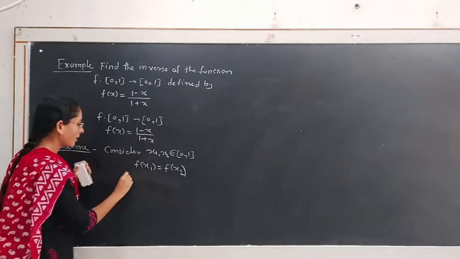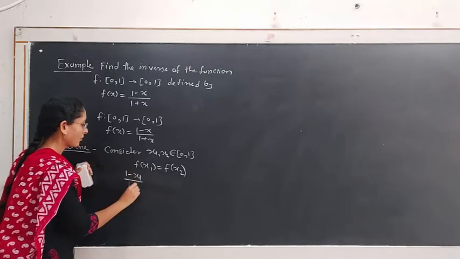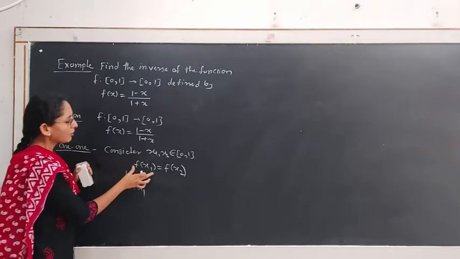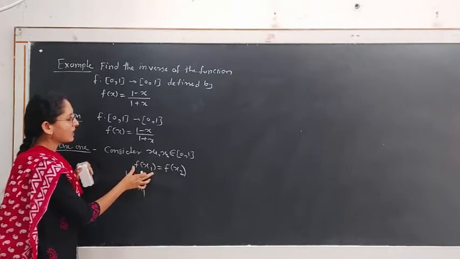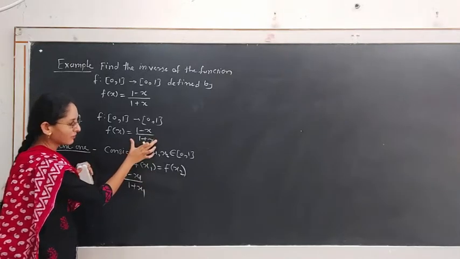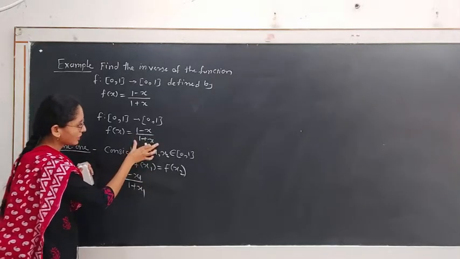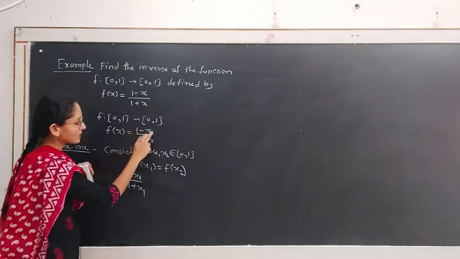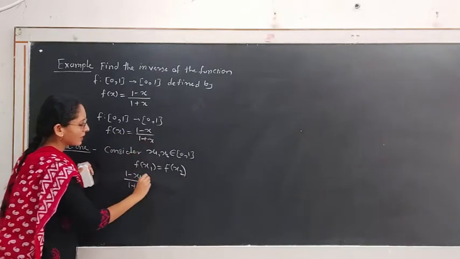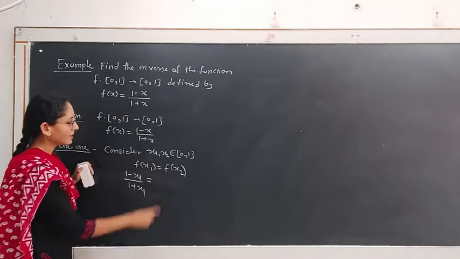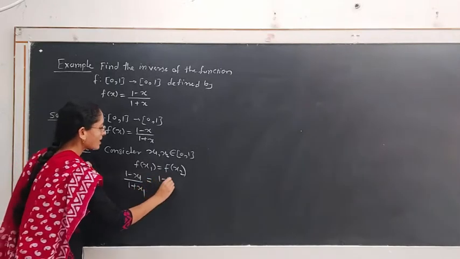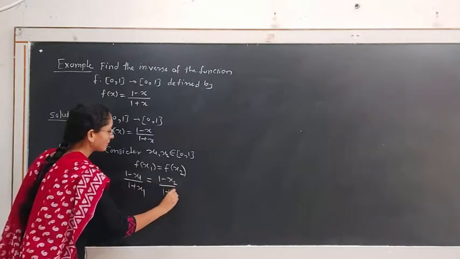Then we get (1 minus x1) upon (1 plus x1). In the same way, we find f of x2 as (1 minus x2) upon (1 plus x2).